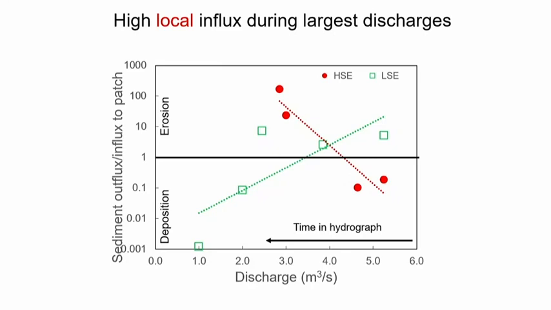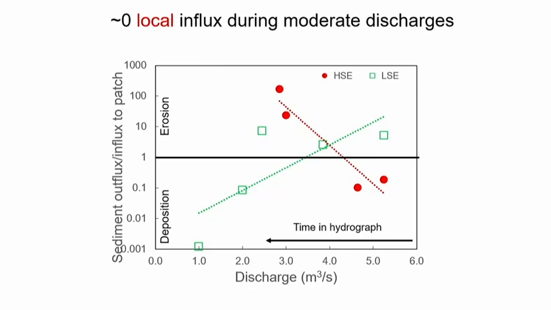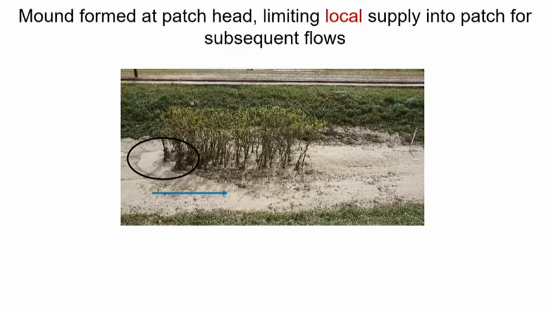But when we get to these lower discharges, we start to see erosion, and that's largely driven, if we look at what's actually coming into the patch, by no sediment coming into the patch. We have a high supply overall, but there's nothing actually coming in locally to the patch. And that's because there is a huge mound of sediment depositing upstream of the patch. And that started to deposit during the highest discharge.